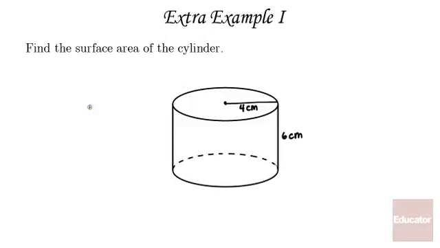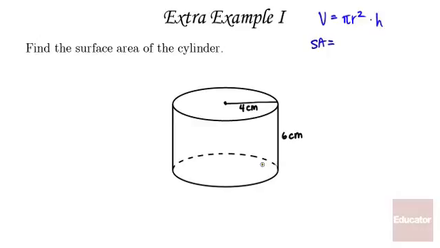Let's do a few examples. Again, try not to get confused with the formula for volume. The volume is the area of the circle, pi r squared, times the height of the cylinder. That's the volume. For surface area, we're just going to take it one step at a time and find the lateral area, the area of that label that wraps around the can, and then add it to the area of the bases.